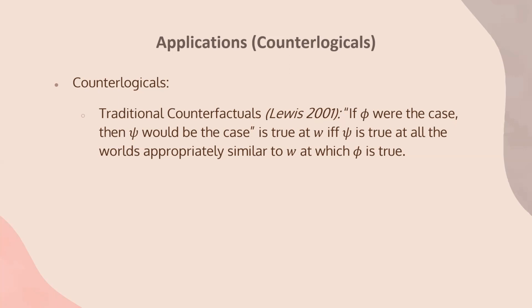So going back to David Lewis, a counterfactual, if phi were the case, then psi would be the case, is true at W just in case psi is true at all of the worlds appropriately similar to W at which phi is true. The appropriately similar aspect is just some sort of accessibility relation.